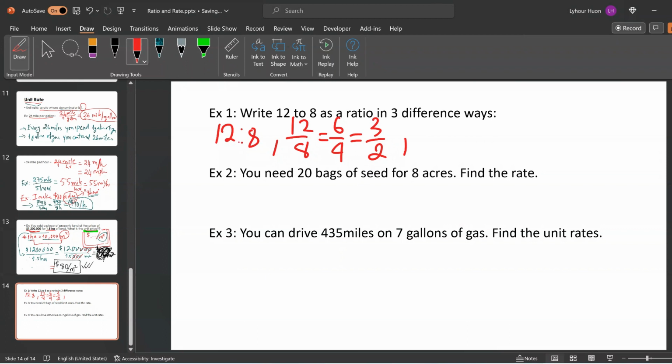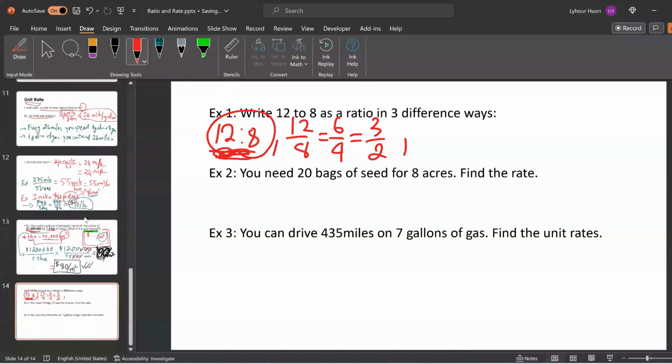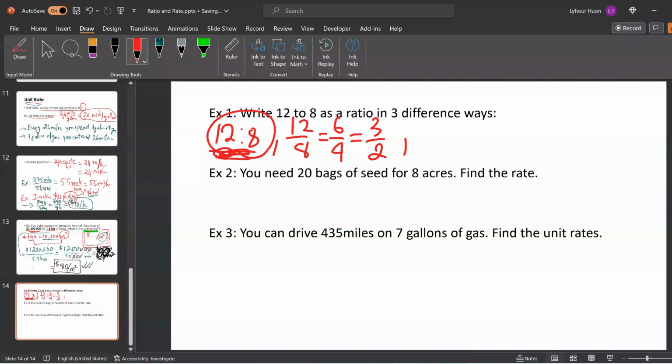Is this correct? We need to reduce first, because ratio, don't forget. We simplify to 3 colon 2, so not this, but 3 colon 2.